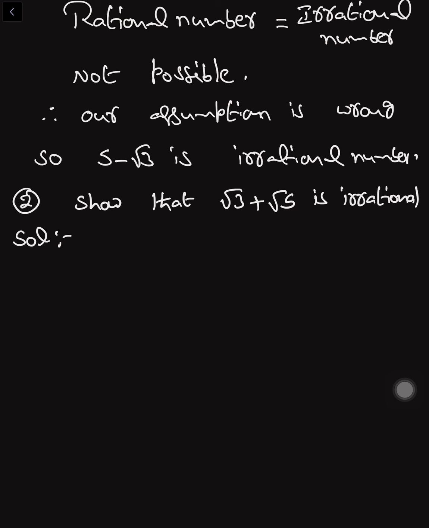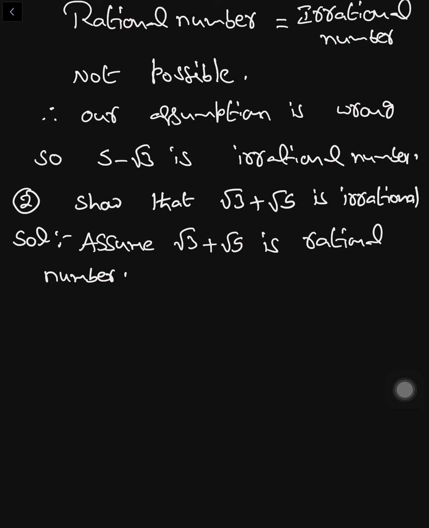In the previous problem they gave one rational number and one irrational number. So our method is the same. First step, assume root 3 plus root 5 is a rational number.